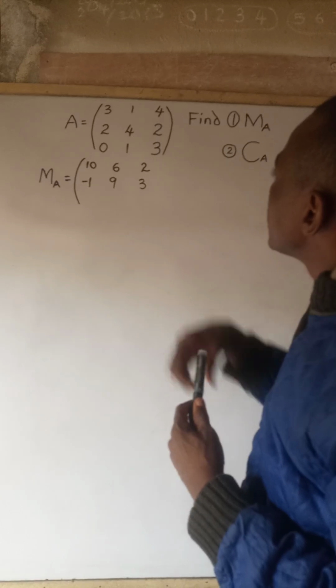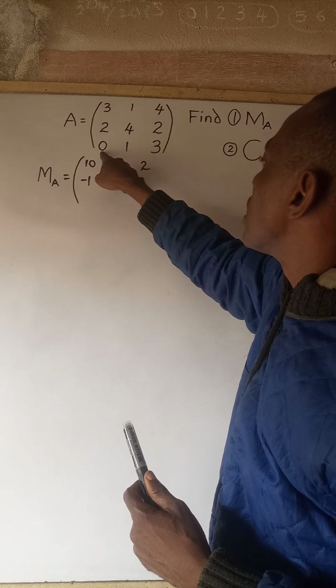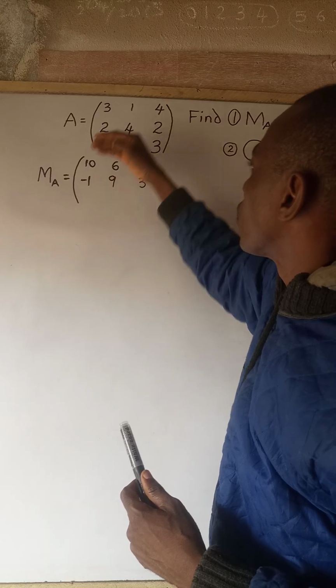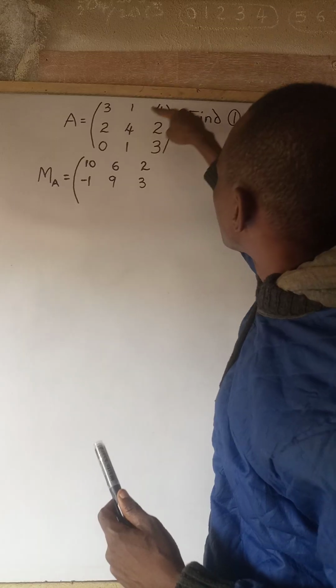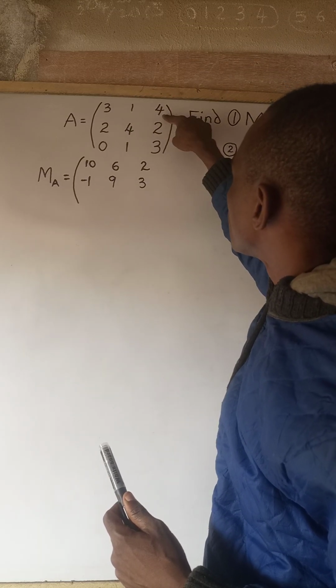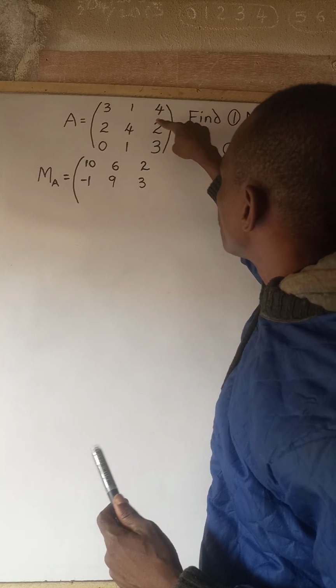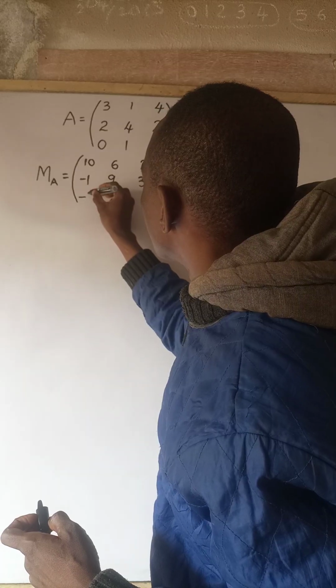We move to the seventh element, in matrix A. We cancel the row and the column. We will have this left. 1 times 2 is 2. 4 times 4 is 16. So 2 minus 16 will give us minus 14.